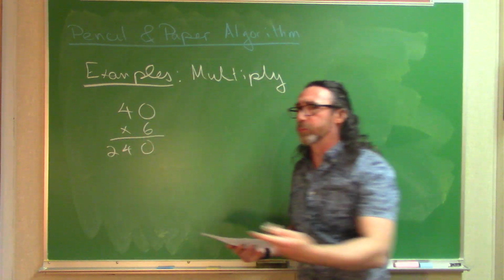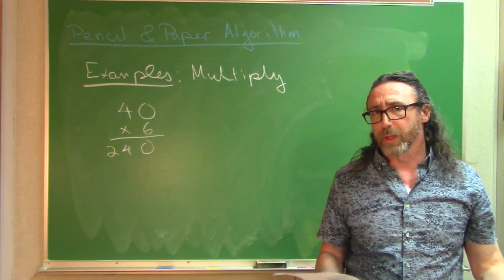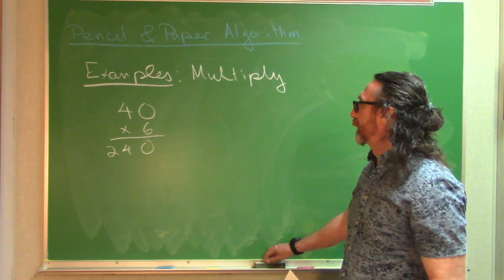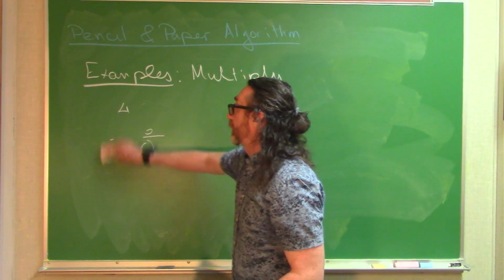That 0 just kind of comes along for the ride. So no real need to do the pencil and paper algorithm in that situation.